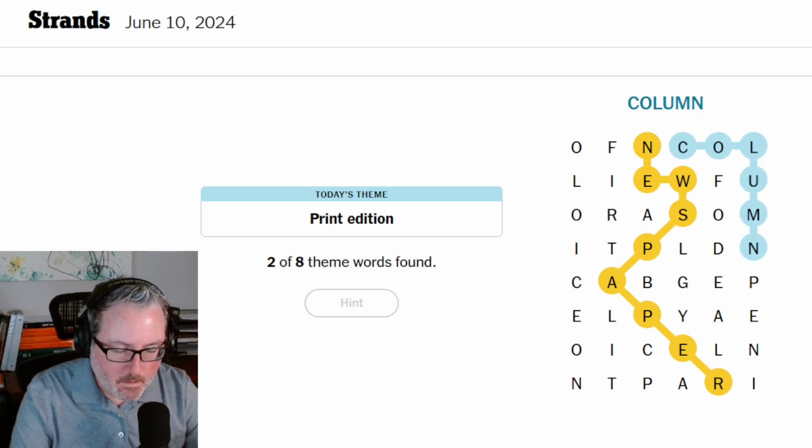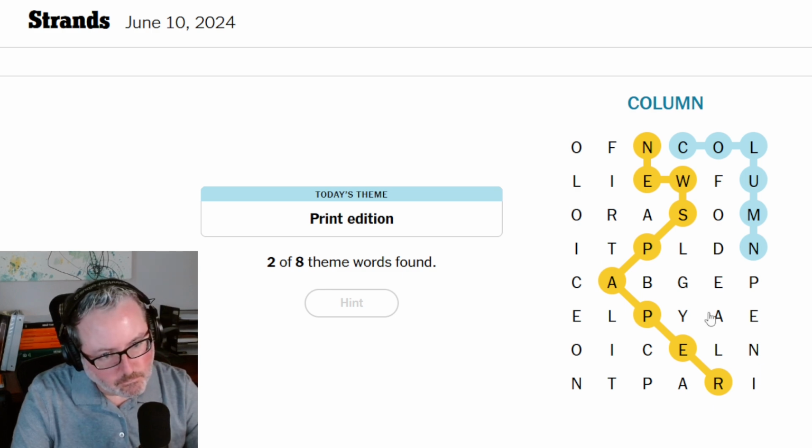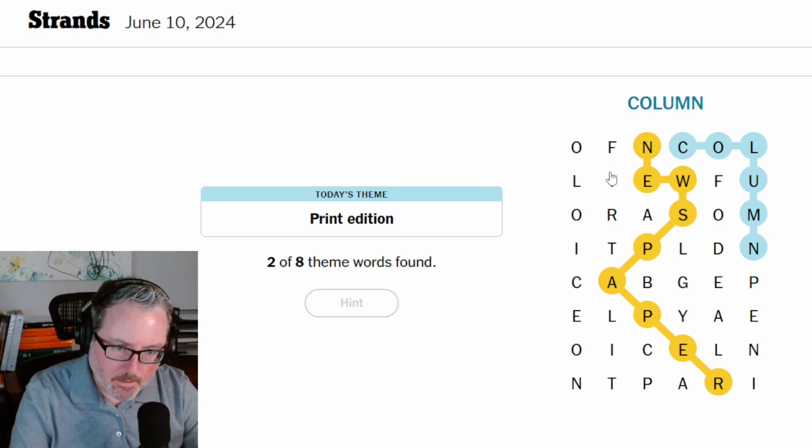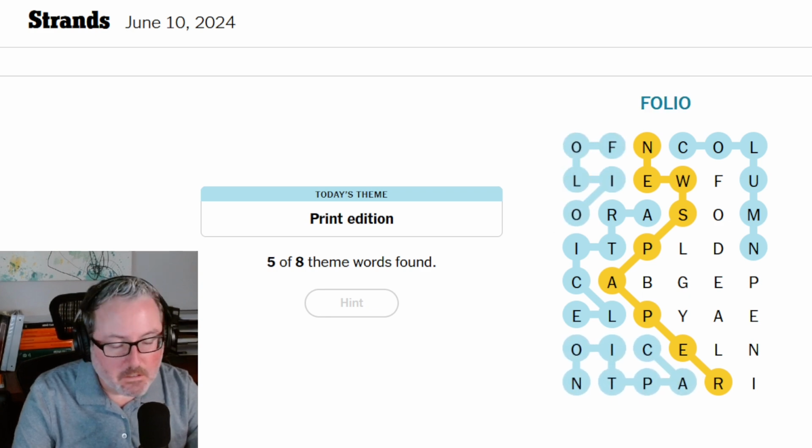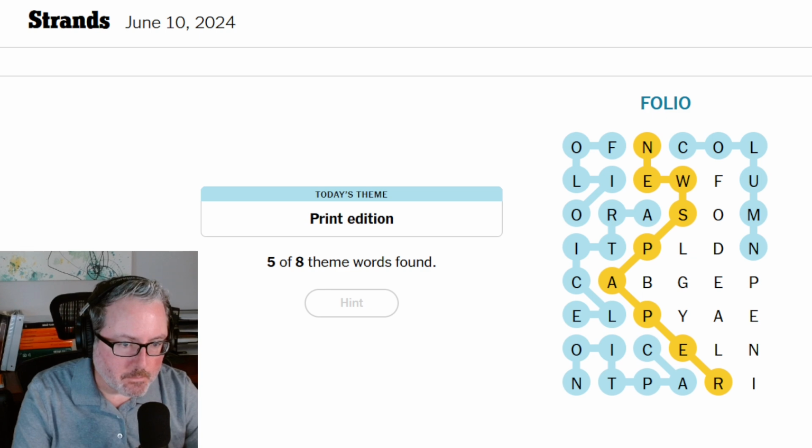Column. We've got folio. I don't know if that would be part of that. How about an article? How about a caption? I guess it is a folio. I wouldn't think of a folio being part of a newspaper, but what else?